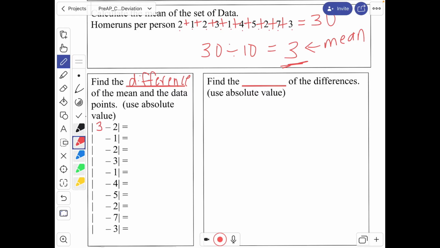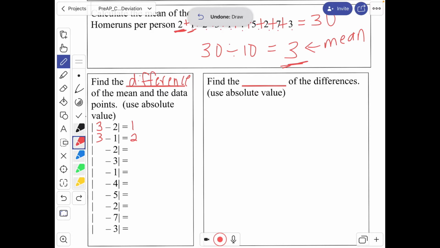So 3 minus 2, because the first number was a 2, is 1. The next number is a 1, so 3 minus 1 is 2. Notice all of these are in the absolute value symbols, these little lines on each side, because we always want a positive answer. Distance is always positive.